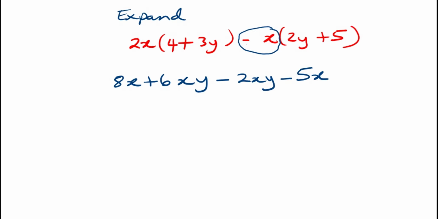What are the like terms? First, let's try and identify the like terms. So first of all, we have 8s, okay, and negative 5s. They are like terms. Now, in algebra, what makes like terms? When we are talking about like terms, we are looking at the variables that are attached to a coefficient.